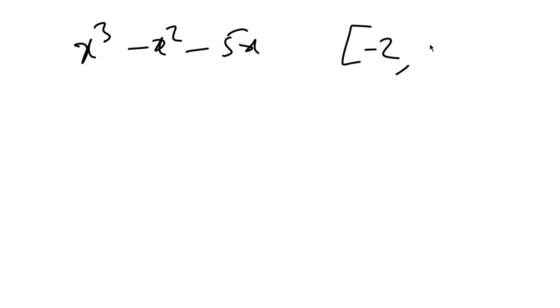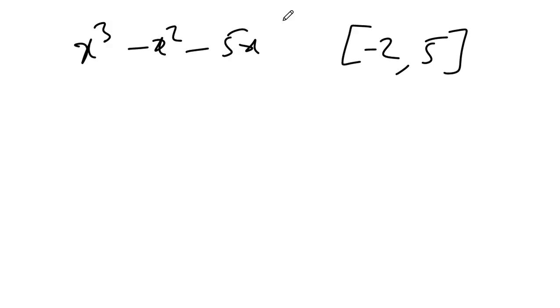Another important thing to note here is that sometimes they'll give you the question and then give you an interval. You can say, just like what we solved now, x cubed minus x squared minus 5x and the interval negative 2 comma 5. There is no stress here, especially as you have been asked to determine the relative minimum or maximum.